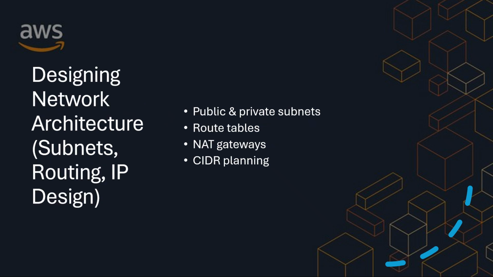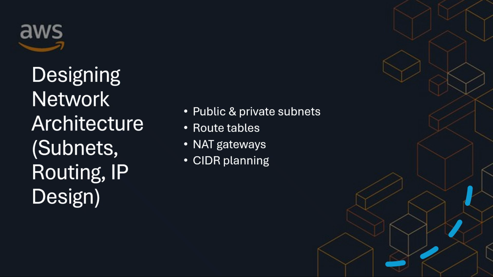High-performing architectures begin with strong VPC design. A typical architecture separates public subnets for load balancers and NAT gateways, and private subnets for application tiers and databases. Route tables determine how traffic flows. Public subnets connect with the internet gateway, private subnets connect with the NAT gateway, and isolated subnets have no internet access.